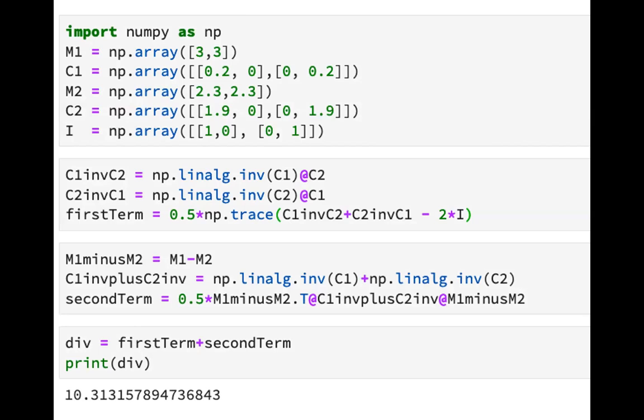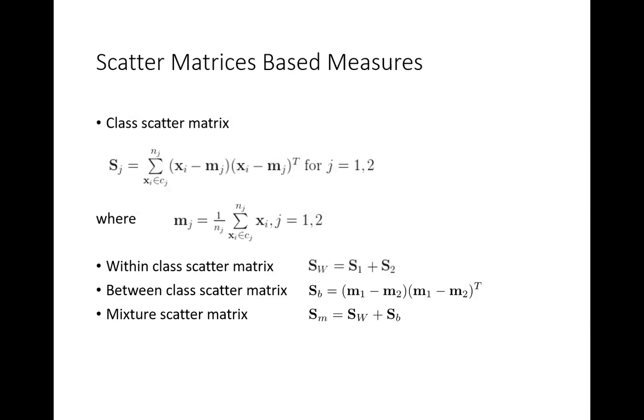All right, let us see where we are. Okay. Another measure to check how good a particular subset of features is is what we call a scatter matrices based measure.